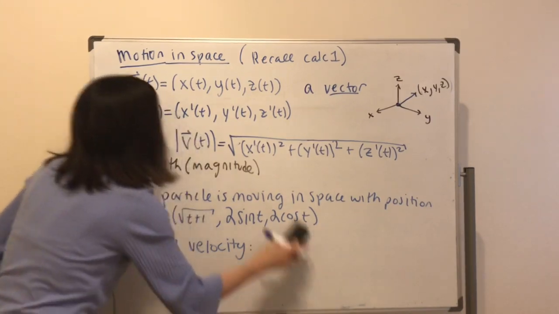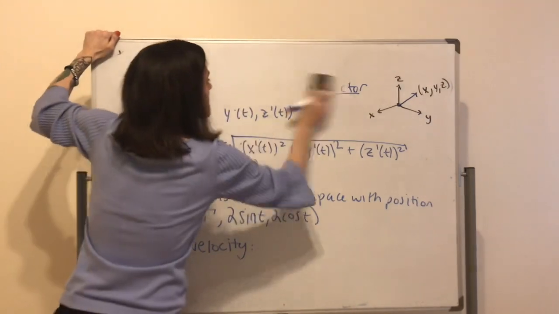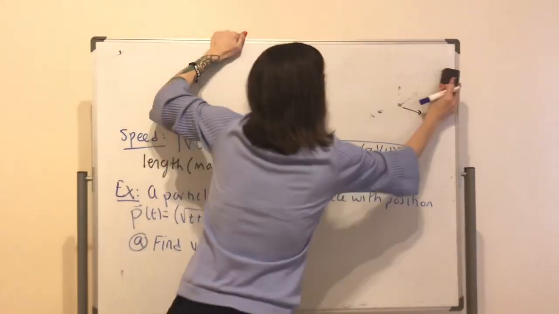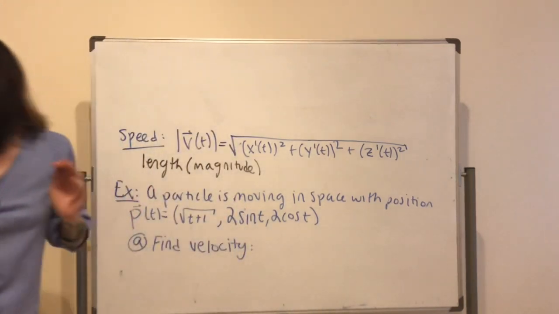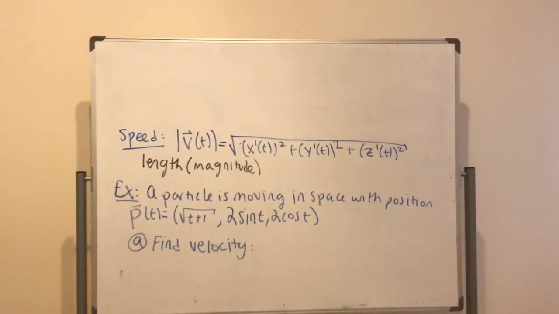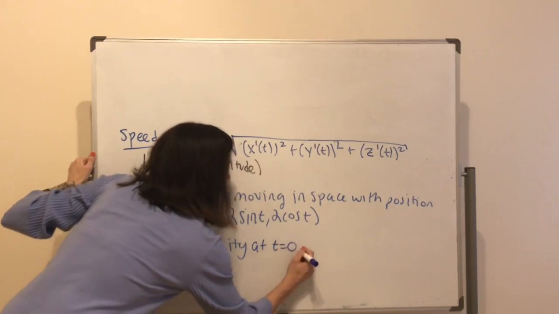Maybe we will do that here, and then I can put part B up above. Okay, part B. Compute the speed. Oh, this is at time t equals 0, so this would be the initial velocity.